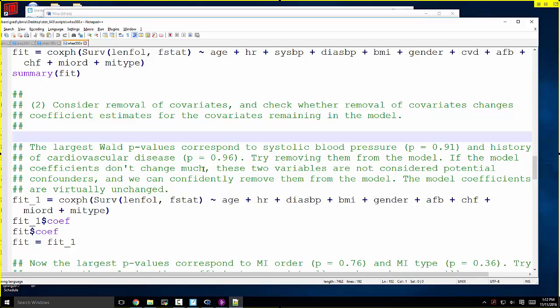So confounding is when you can't tell the difference between an effect that's due to this variable and an effect that's due to that variable. You can't disentangle them. It could be either one.